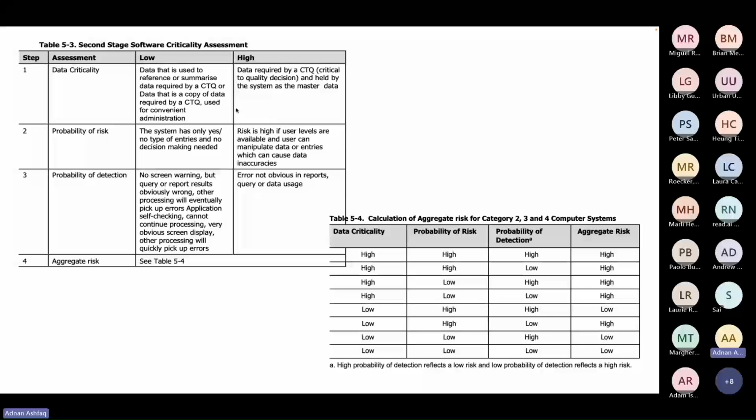So they're looking at the risk of the data, whether it's low or high, and then the probability of the risk, whether it's low or high, and then the probability of detection, whether it's low or high.